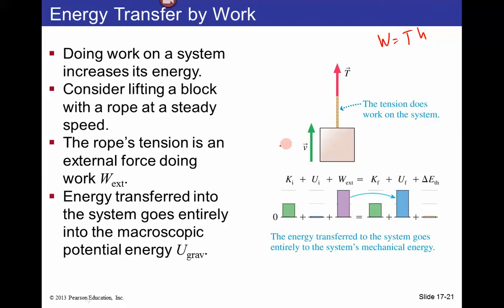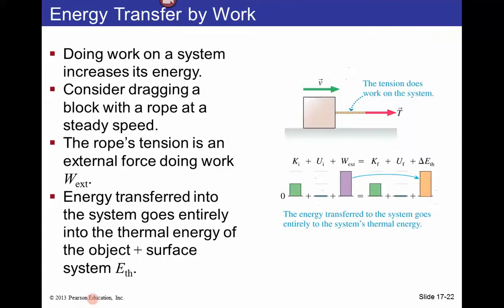So if this box moves a distance h, this is the work done by this tension. That is the amount of energy that is going into the box. Where is that energy going? Because the velocity is not changing, it is not going into the kinetic energy, it is going into the gravitational potential energy. So whatever work this tension is doing is becoming gravitational potential energy.